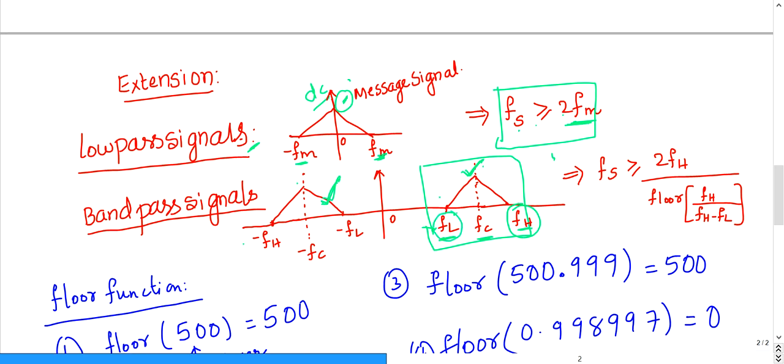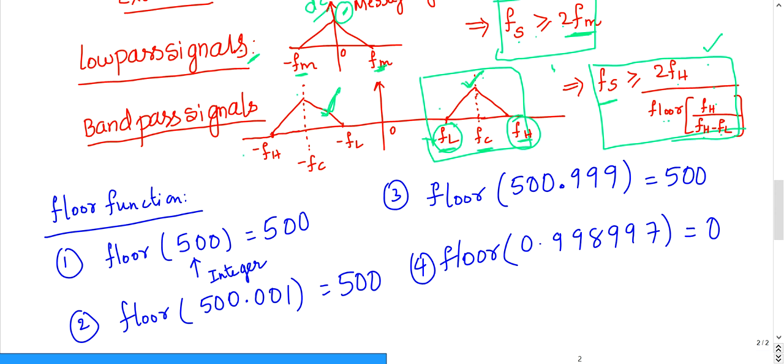These two are very important. The formula for sampling frequency will be different for band pass signals and low pass signals. Fs must be greater than or equal to 2 times FH divided by floor of FH divided by FH minus FL. If you remember this, everything will be simple in sampling frequency calculations.